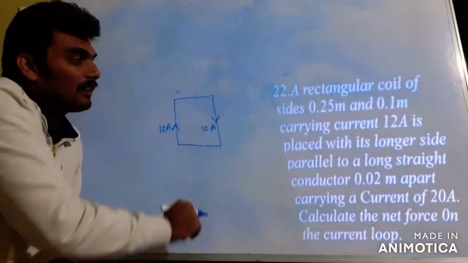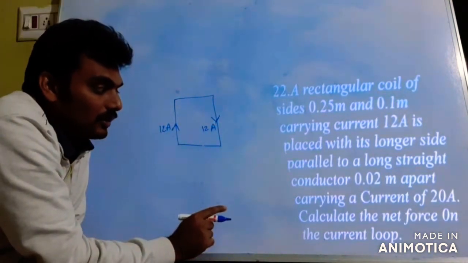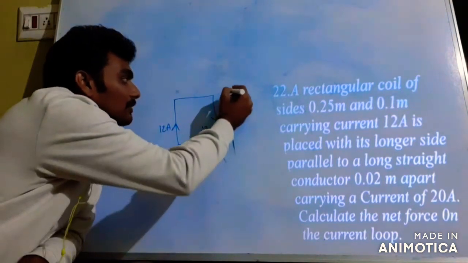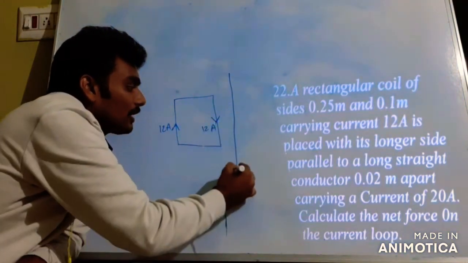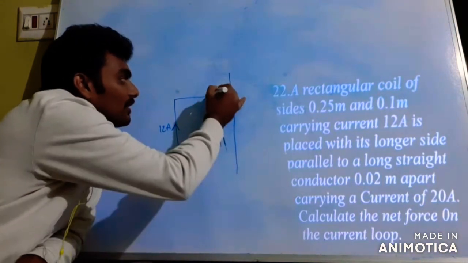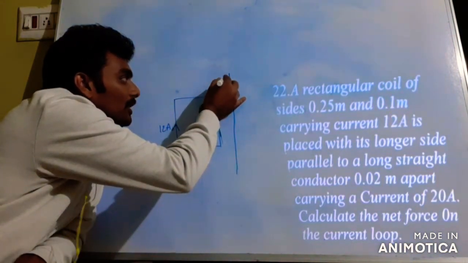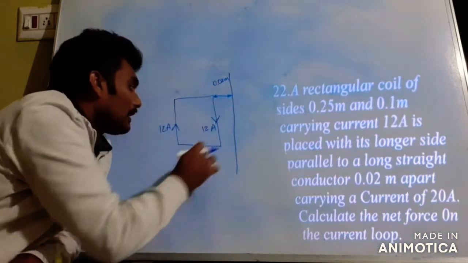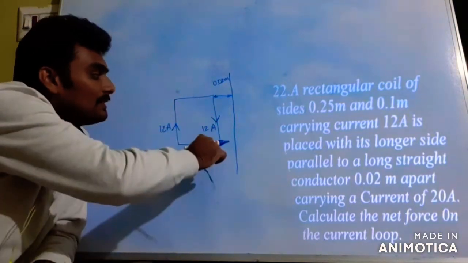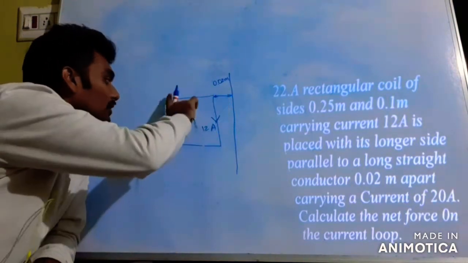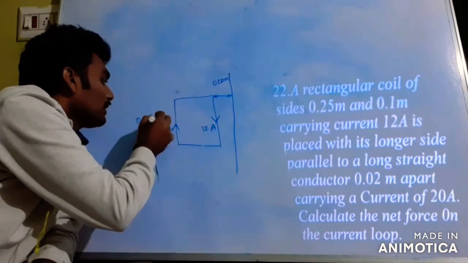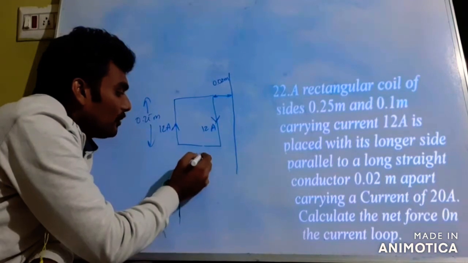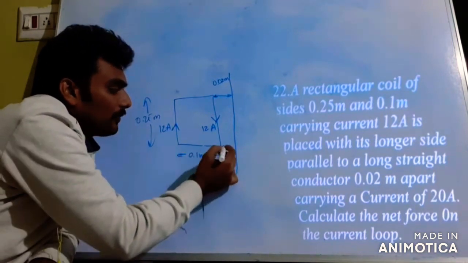Okay, parallel side with a long straight conductor 0.02 meter apart, which means we have a long straight conductor at a distance of 0.02 meter from one edge of the rectangle chosen, and that edge is the longer edge, which means this is 0.25 meter, right? What about this length? This length is 0.1 meter, right?